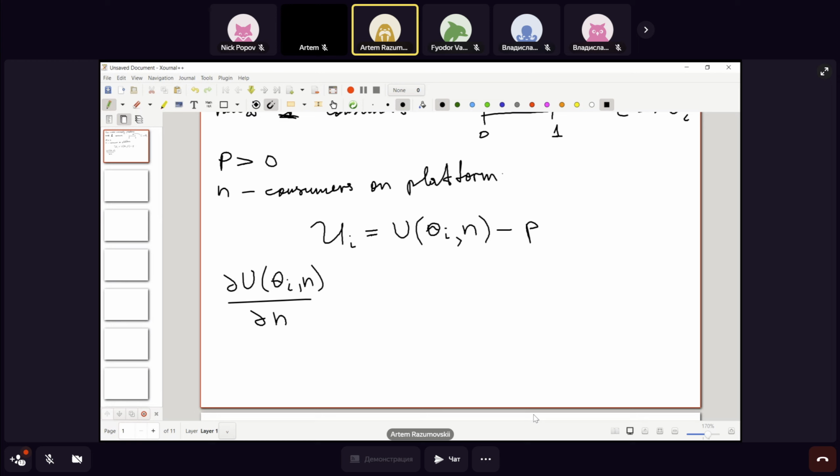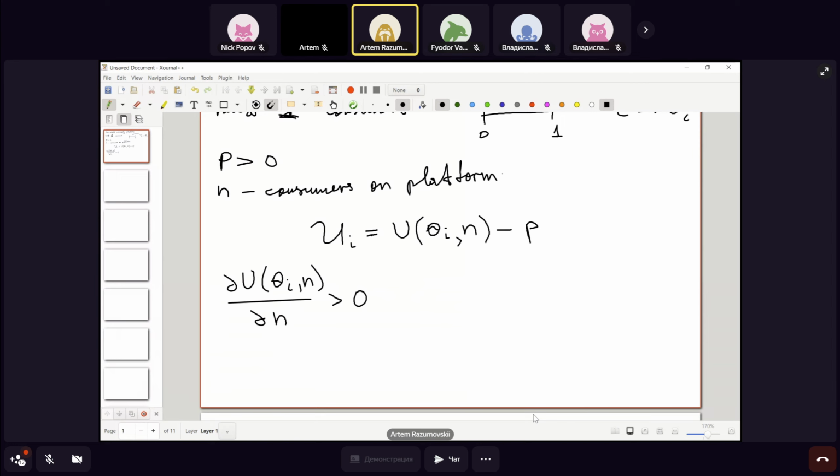But if we are talking only about the first side right now, then it needs to be increasing, because otherwise it will be really hard to think about how this platform would exist. If you have one consumer and you want to add a second one, it would have a negative effect on the first one, so he would probably like to leave.